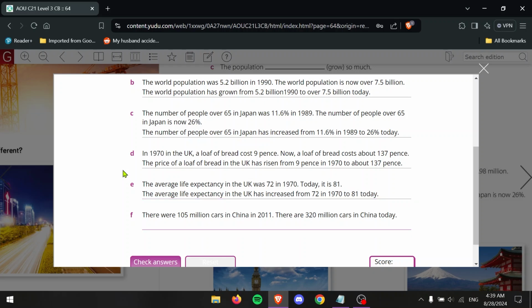And finally, F, there were 105 million cars in China in 2011. There are 320 million cars in China today. We'll say the number of cars in China has increased from 105 million in 2011 to 320 million today.